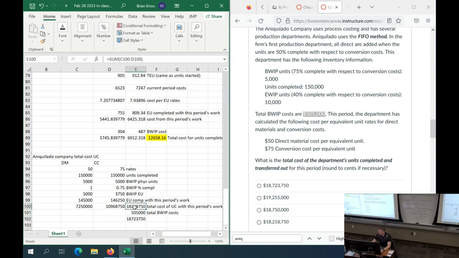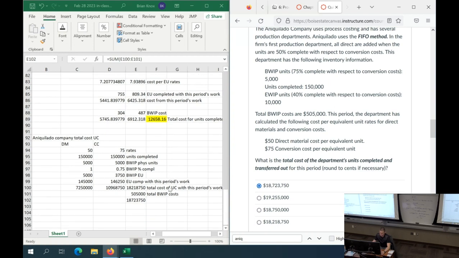Okay, I know I'm on the right track here because this wrong answer here is one of the answer choices. That's good. So this is the right answer right here, 18,723,750.